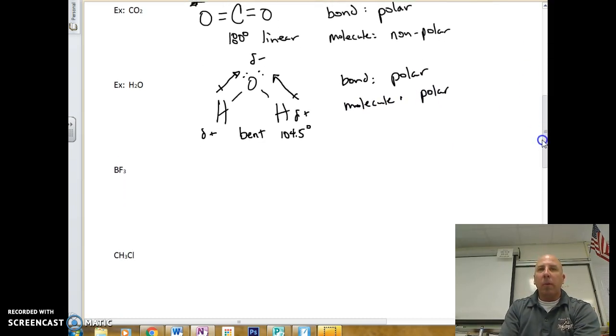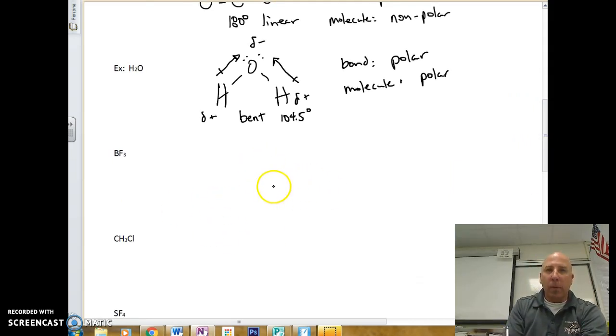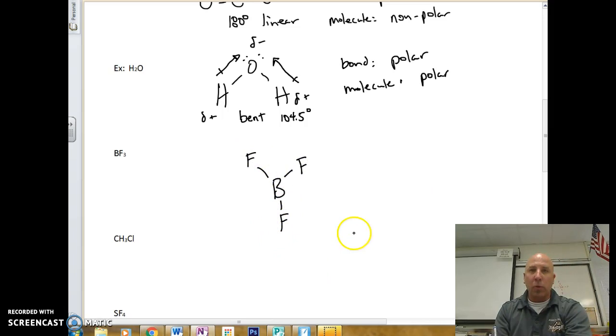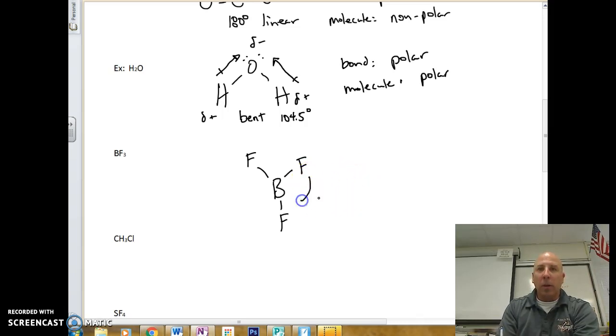Give you a couple more here before we set you free. We have BF3. We've talked about this guy before. Boron trifluoride. We have less than an octet on the central boron because of those highly electronegative fluorines. And this is molecular geometry 3 and 0 with 120 degree bond angles. Now, we know the fluorines are the most electronegative.